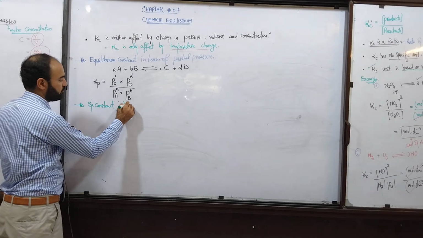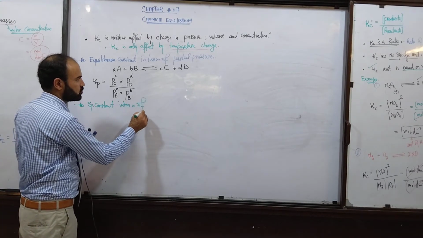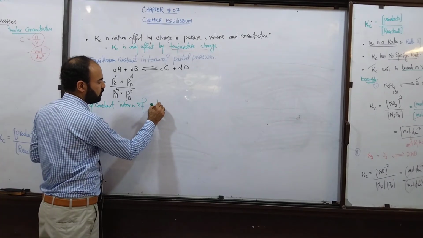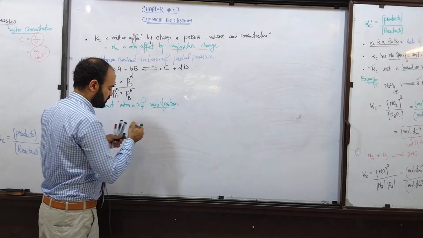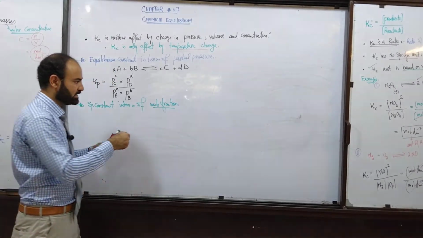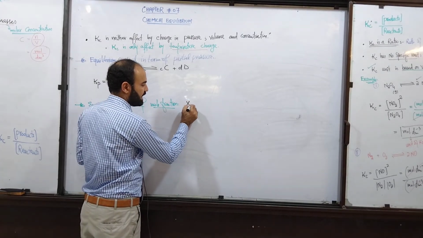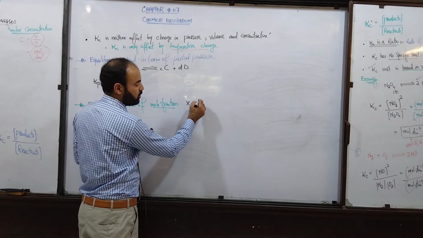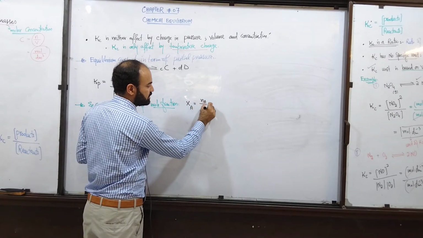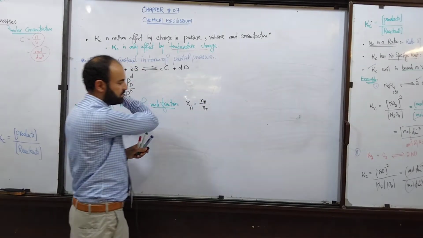Next, the equilibrium constant in terms of mole fraction. What is a mole fraction? Mole fraction is represented by x. For example, for a component A, the mole fraction is the number of moles of A divided by the total moles of all components in the process.